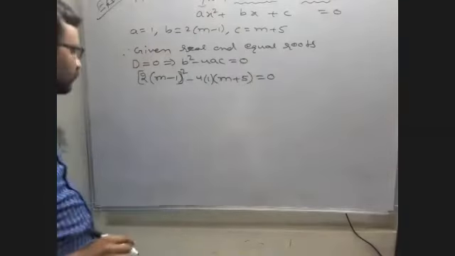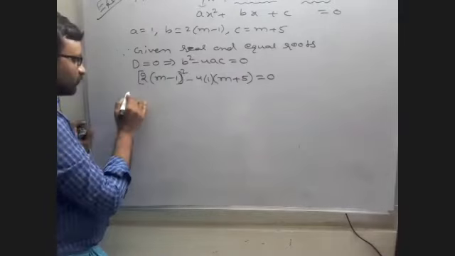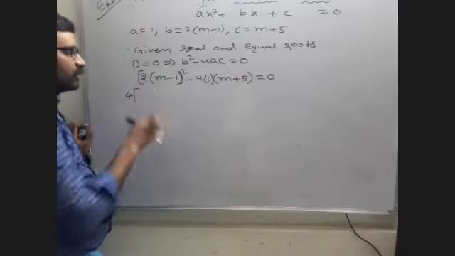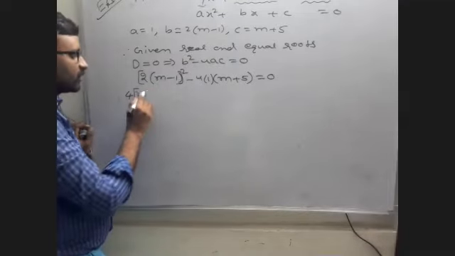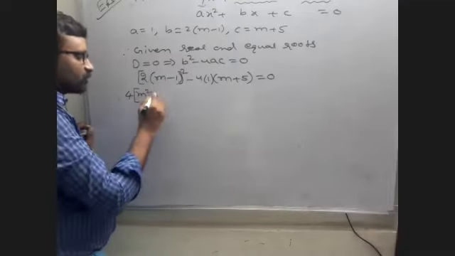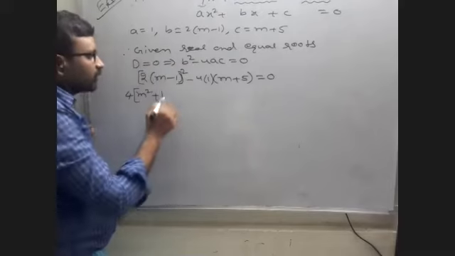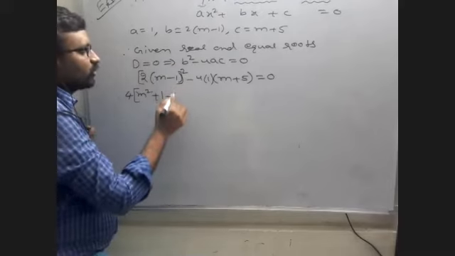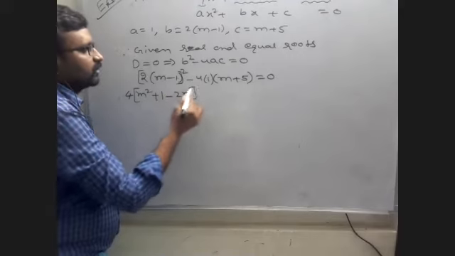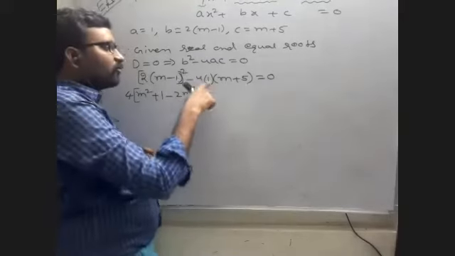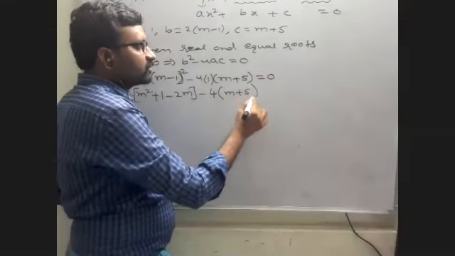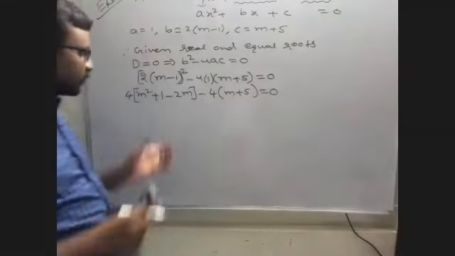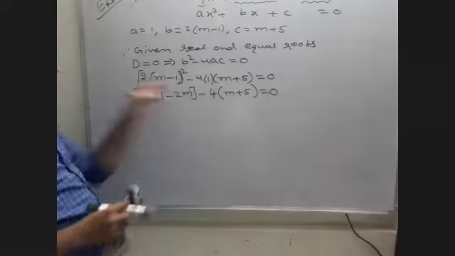Now expansion. 2 square is 4, bracket open. This is a minus b whole square again. A square, m square, plus b square, plus 1 square is 1, minus 2ab, 2 into m into 1, 2m, minus 4 into m plus 5 is equal to 0. Now from these two terms we can take 4 common.